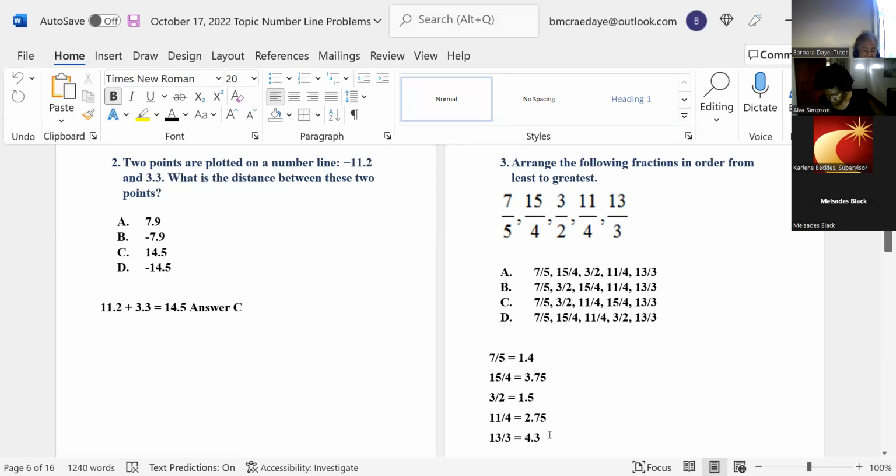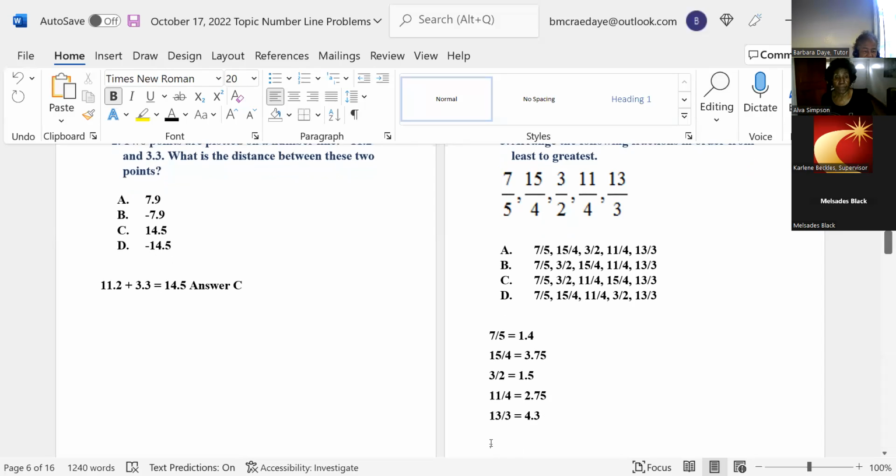Now we're going from least to greatest. Which one is the smallest? 7 divided by 5 is the smallest. Yes, 1.4. And the fraction is what, Mercedes? 7 over 5.